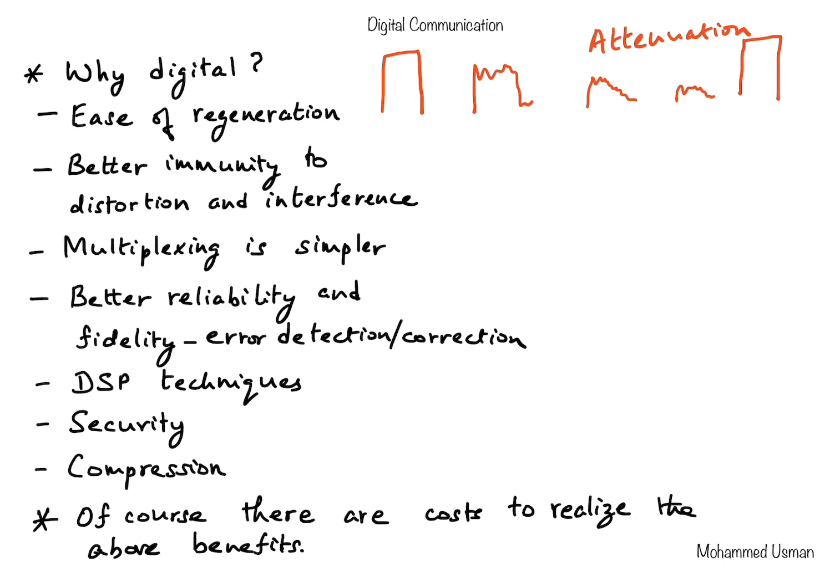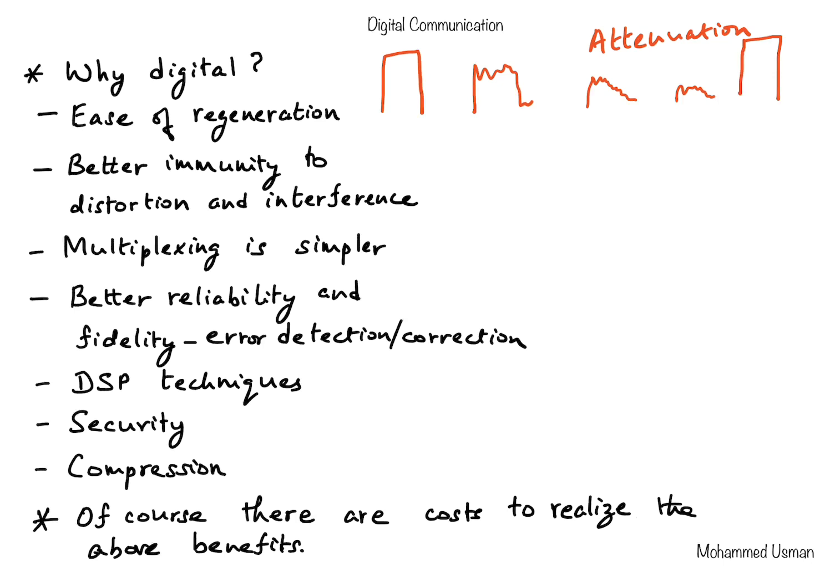And the next advantage is that a digital system has better reliability. Okay, even though we are able to overcome these effects of attenuation and distortion and interference, occasionally it's quite possible that we might have transmitted a binary 1 and the receiver interprets that as a binary 0.